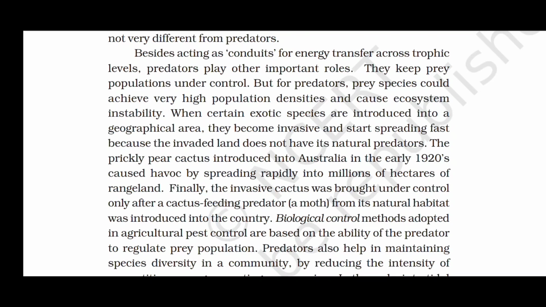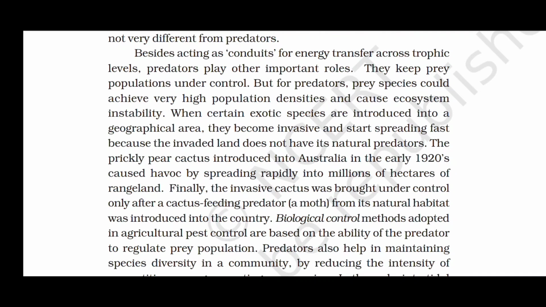The prickly pear cactus, introduced into Australia in the early 1920s, caused havoc by spreading rapidly into millions of hectares of range land. Finally, the invasive cactus was brought under control only after a cactus-feeding predator, a moth, from its natural habitat was introduced into the country.